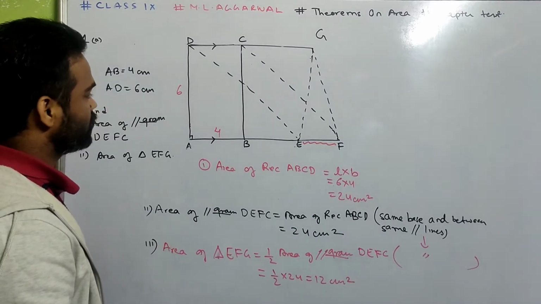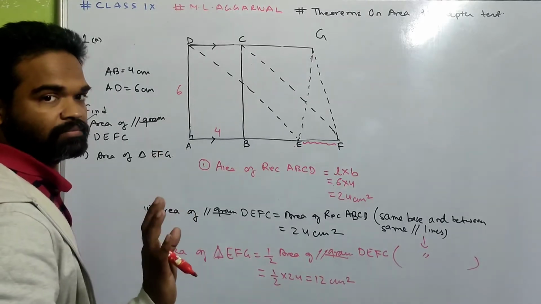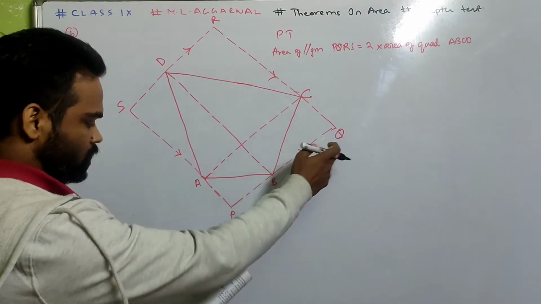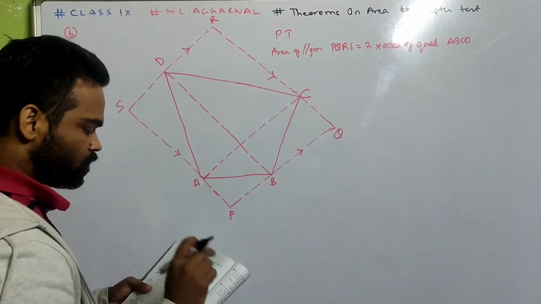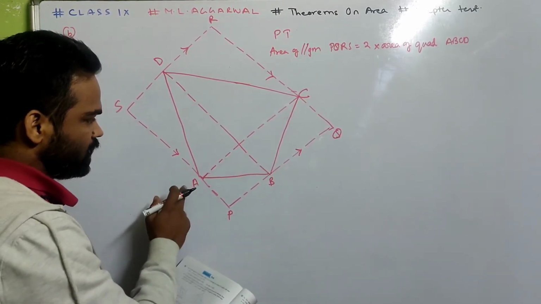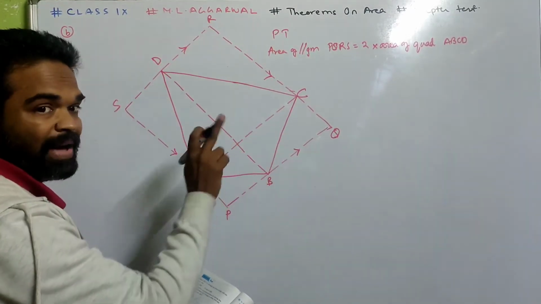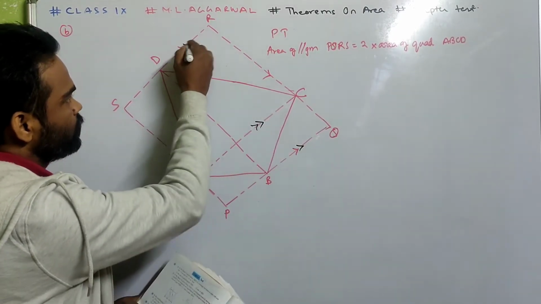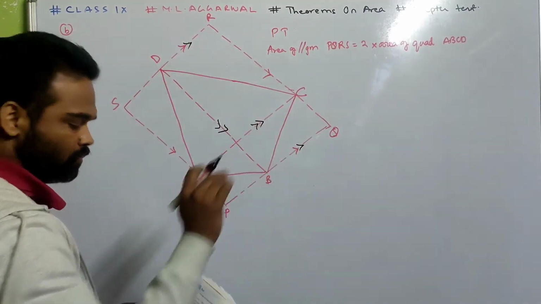Simple. Done. Chalo, we'll look at one part B now. In the figure given below, PQRS is a parallelogram formed by drawing lines parallel to the diagonals of the quadrilateral ABCD, and the diagonals are parallel to these sides of the parallelogram, which means PQ is parallel to AC, and DB is parallel to SP as well as RQ.